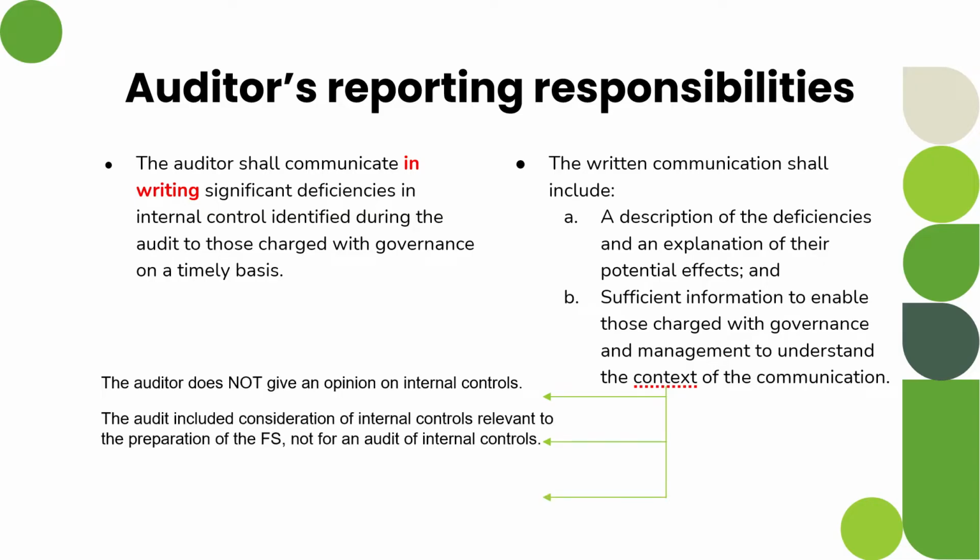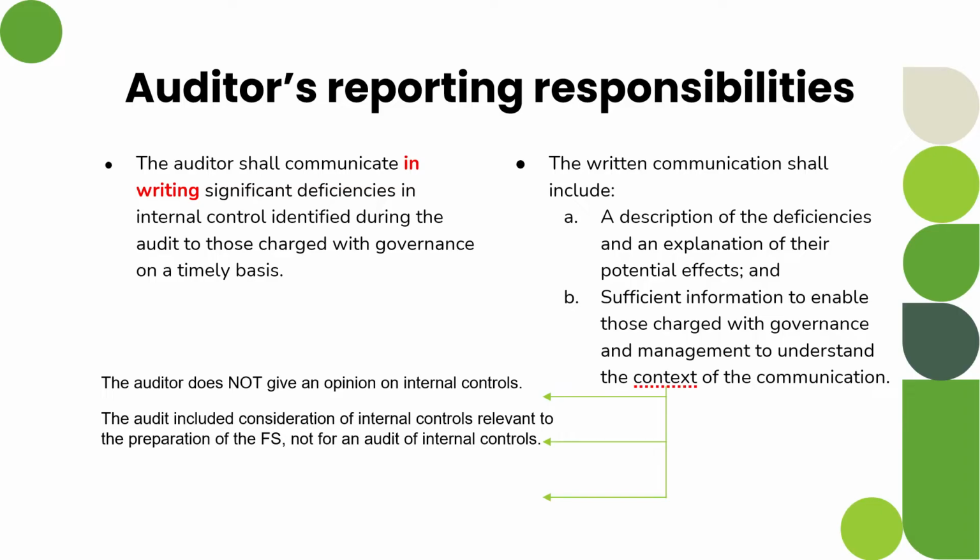Secondly, we must make management aware that the audit included consideration of internal controls relevant to the preparation of the FS. Remember the three objectives of management: operations, compliance, financial reporting. While all three objectives are important, and yes, we get to understand internal controls from the viewpoint of those three objectives, to the external FS auditor the most important objective, quite understandably, will be financial statement reporting.